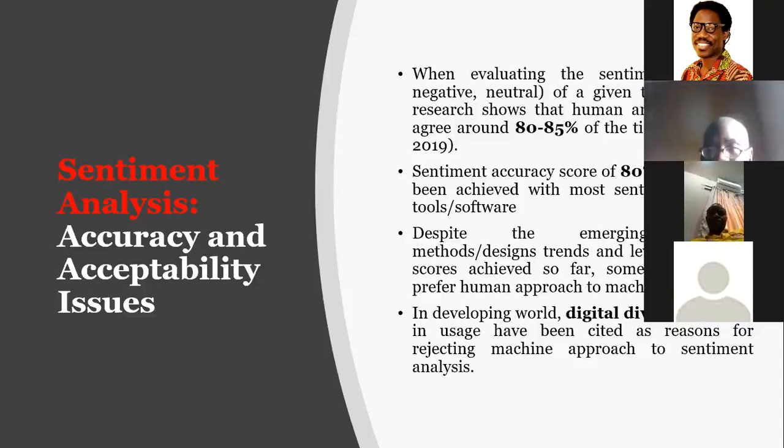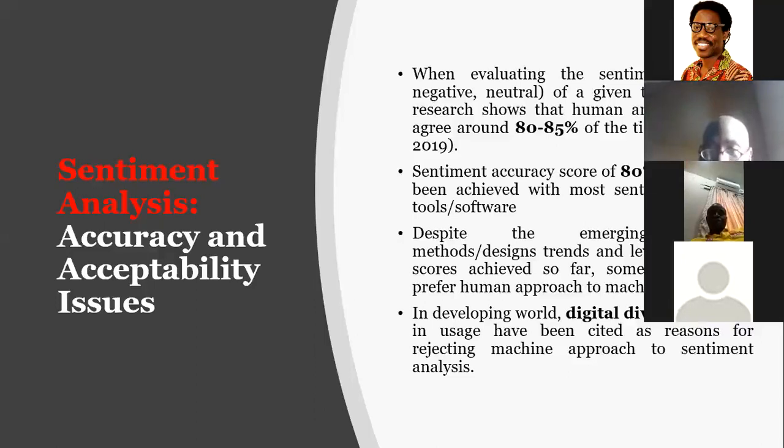So the human being, when we are doing intercoder reliability, is likely to have between 80 and 85%. Though some will say that by the time you have 50% and above, it's okay. Even when you have 40, they will say moderate intercoder reliability. Then by the time you have 50, they will say good intercoder reliability.